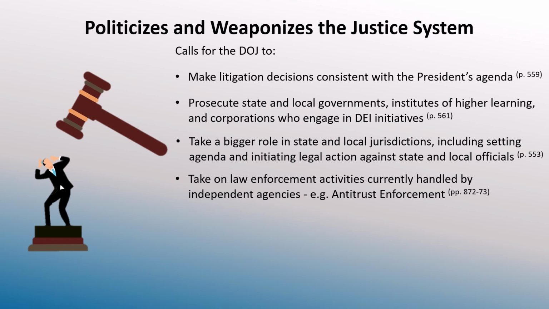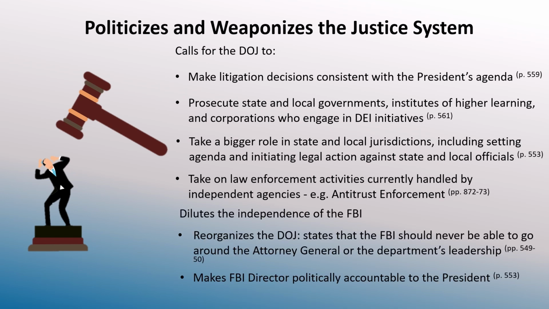However, if the Department of Justice starts making decisions based on the President's agenda, as called for in Project 2025, and it then becomes the only agency who can initiate litigation, the President is basically given full control. Project 2025 also dilutes the independence of the FBI, making it accountable to the President either directly or through the Department of Justice.